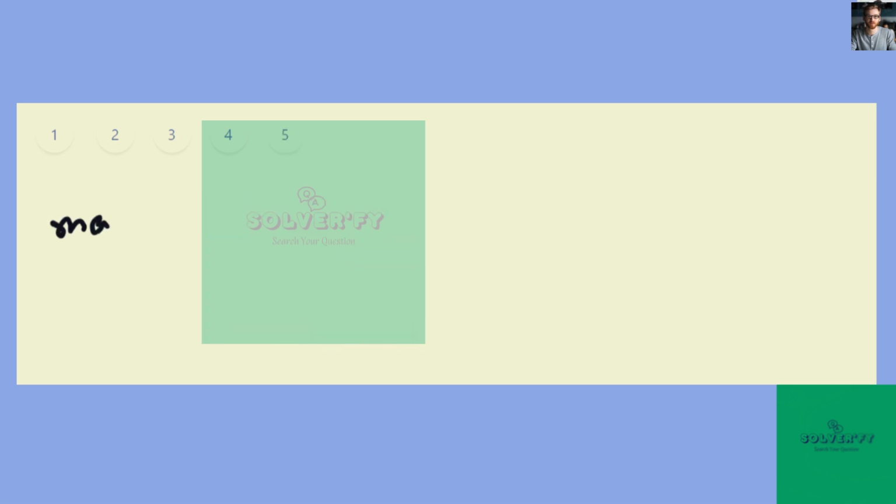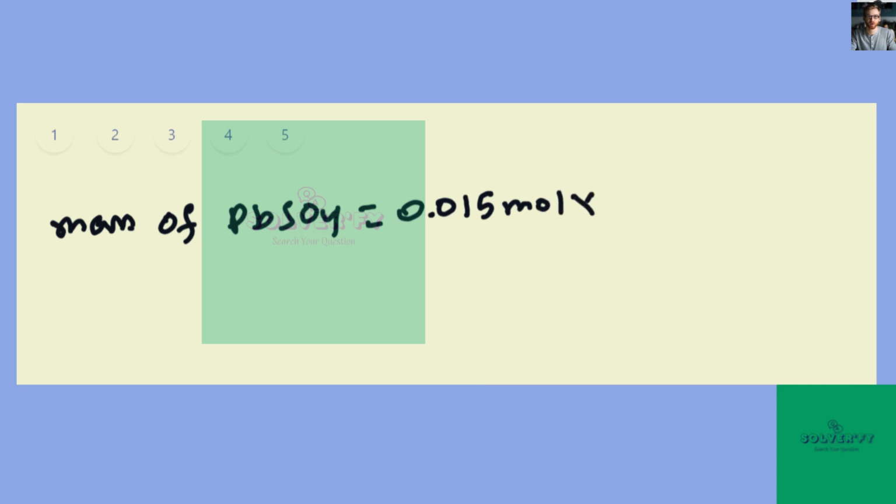Then the mass of lead sulfate will be the number of moles of lead sulfate produced, which is 0.015 mole, times the molar mass of lead sulfate, which is 303.26 gram per mole. It will give us a value of 4.55 gram lead sulfate.